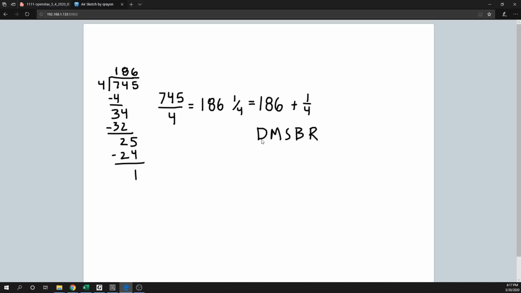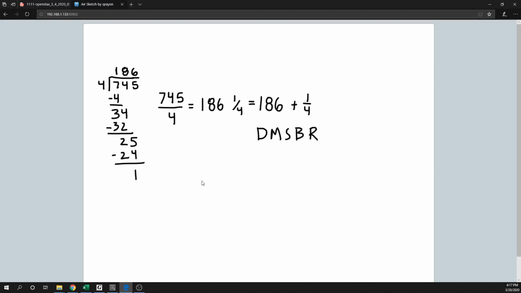Then multiply: 1 times 4 is 4. The next step is to subtract. Then the next step is to bring down. We repeat that part over and over again. And then the last step, we get this remainder down here.